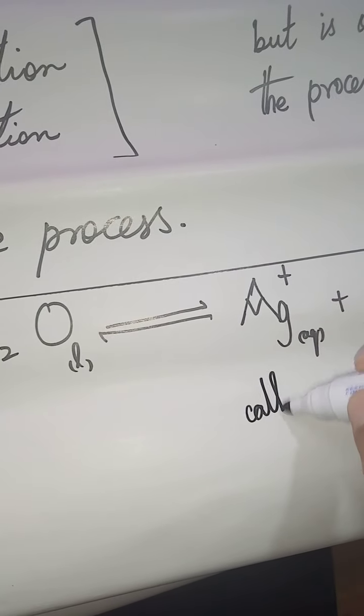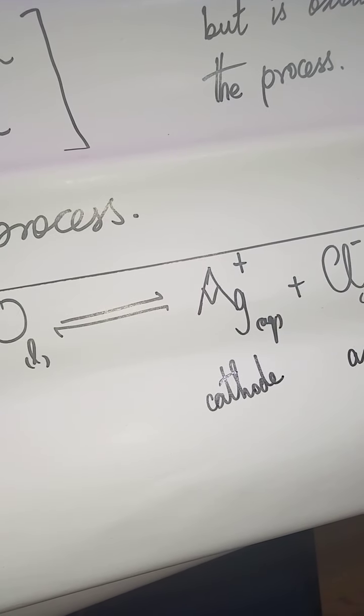Silver would go to the cathode and chlorine gas would go to the anode.